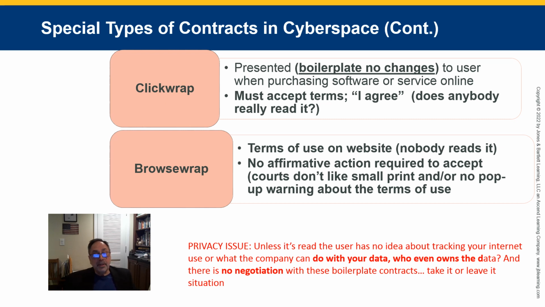Now, I put a comment here that I made in the earlier slide. We really need some sort of legislation because we have no idea about our privacy. Who's using our data? Where does it go? Who owns it? There's no negotiation. If there are calculations, do we own the calculation? Does the vendor own the calculation?